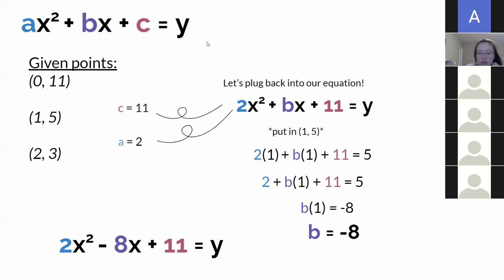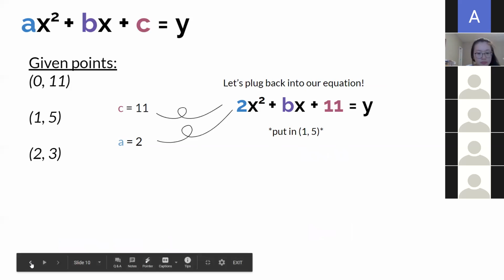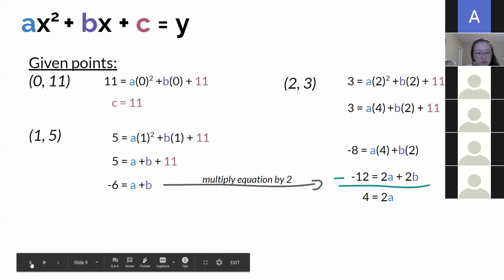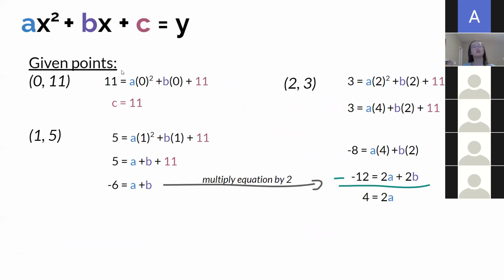Okay, so why does c equal 11? Yeah, that's a good question. Let's go back a bit. So c equals 11 because we plugged in the given point (0, 11). The way the coordinate is written, 0 is an x and then 11 is a y.